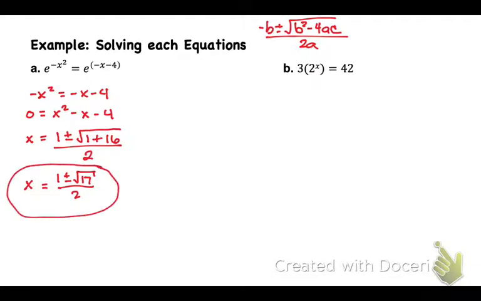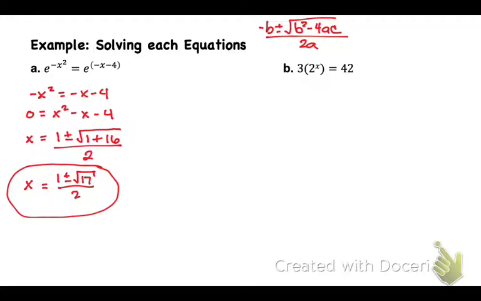If that was a logarithmic function, we would have to stop and say, wait a second, 1 minus the square root of 17 would be negative, wouldn't it? Yes, because the square root of 16 is 4, so the square root of 17 would be bigger than 1. If that made the original problem have a negative input, then we couldn't do it.